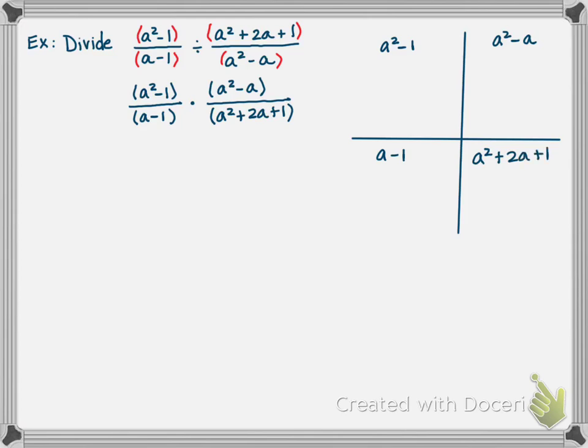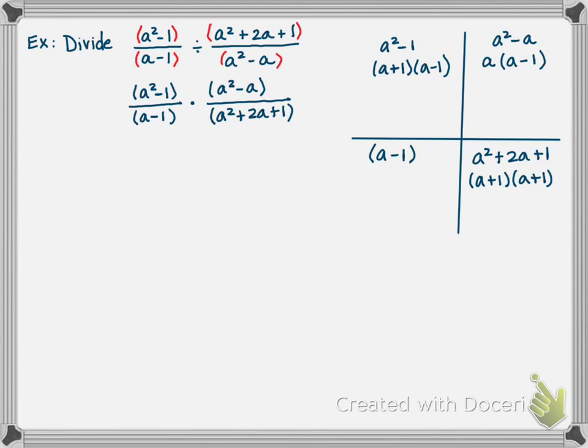So a squared minus 1 factors as a plus 1 times a minus 1. A minus 1 is a linear factor, so it doesn't factor anymore because there's no GCF to pull out. And then a squared minus a has a GCF of a, so we have a times a minus 1. And a squared plus 2a plus 1 factors as a plus 1 times a plus 1.